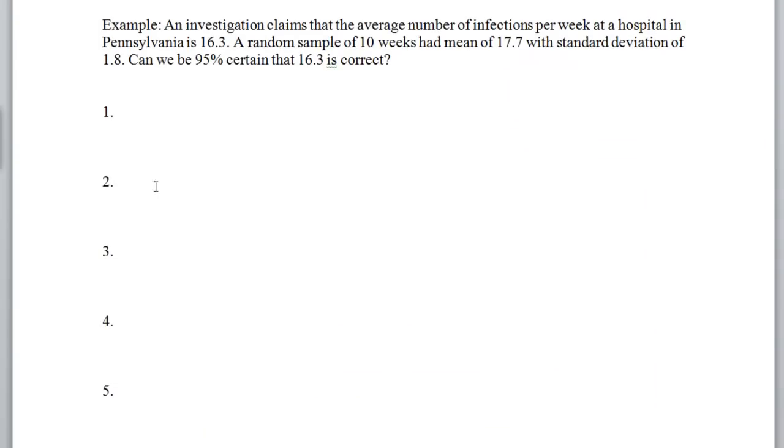Now, unfortunately, when I go back to my problem, that's gone. But let me just put down the important information again, so when we finish the problem we can see it. Our null hypothesis is going to be mu equal to 16.3.